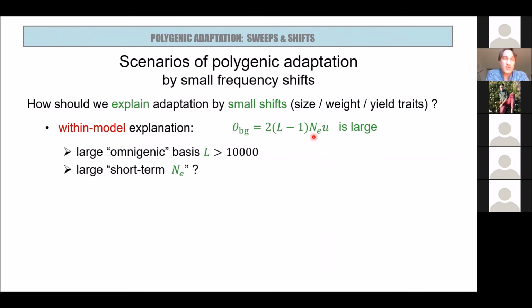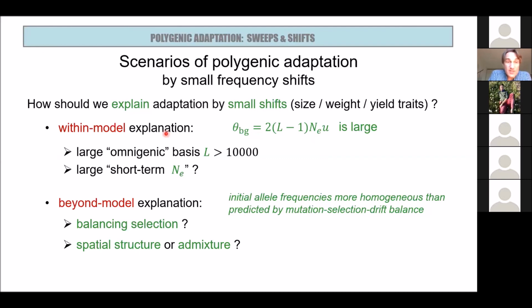Because within population diversity, as you may know, is affected also by ancient bottlenecks. Whereas the adaptation that happens here and now really only feeds on the population size that we have here now, which may be larger than this effective population size that we often work with in population genetics.